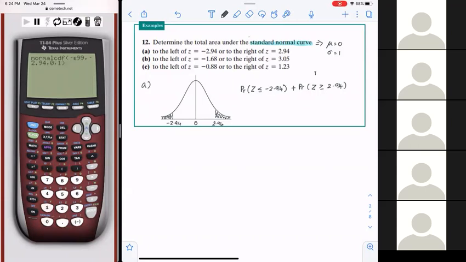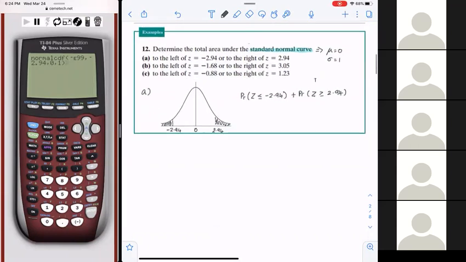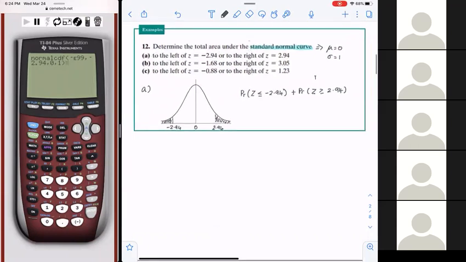So the first number is where the area started. The area that I shaded started somewhere on the left-hand side. That left-hand side is negative E99. The area ends on the left at negative 2.94. So that will be the second argument.